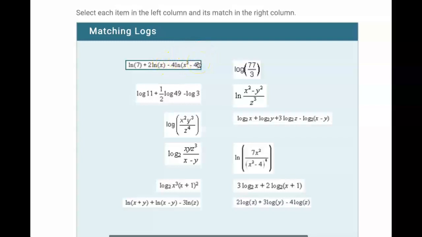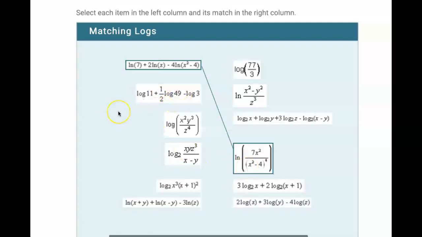So that's the first step. And then if I add these two together, ln of 7 plus ln of x squared, that's like saying ln of 7 times x squared, which is 7x squared. And then this quantity gets divided by what's being subtracted. So this first one here matches up right there, all right? So again, pay attention to what the signs mean and what they have to do, okay?